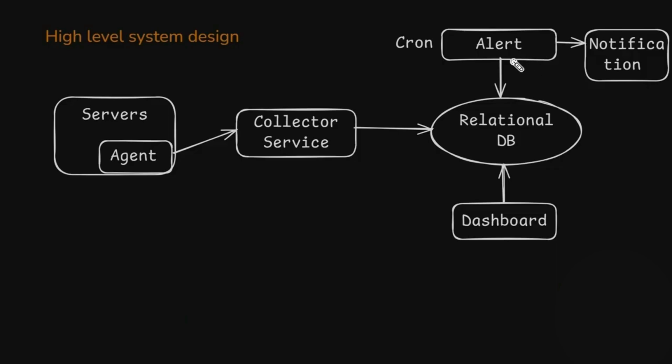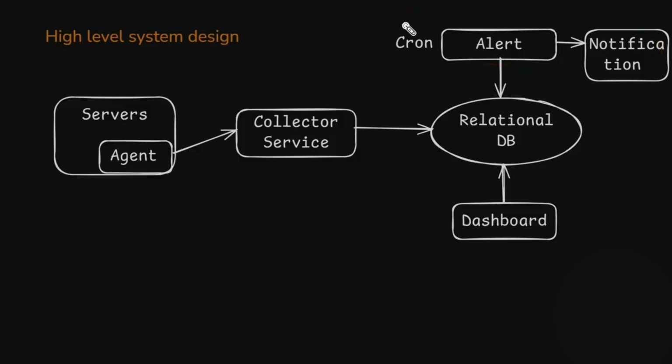But as of now, the basic end-to-end functionality is working fine, right from capturing the events on these servers from these agents, storing this information in the database, loading it into the dashboard, and triggering the alerts based on the events.